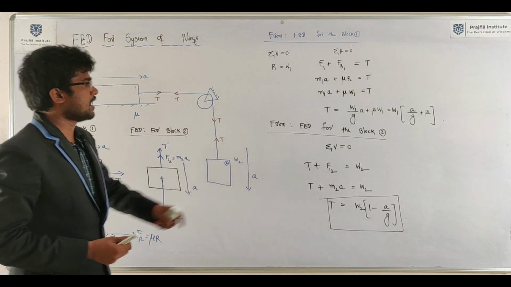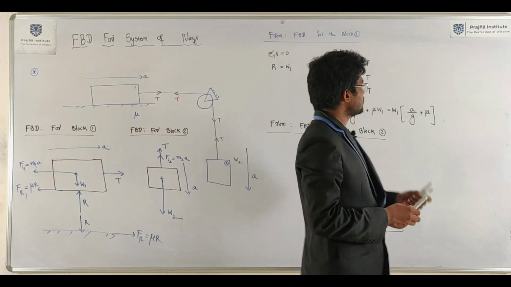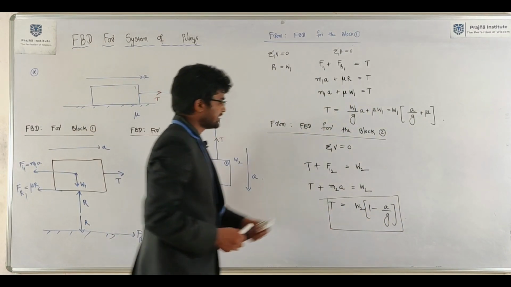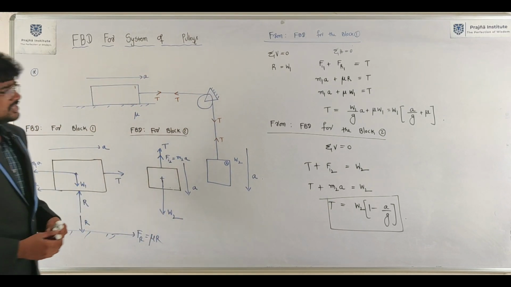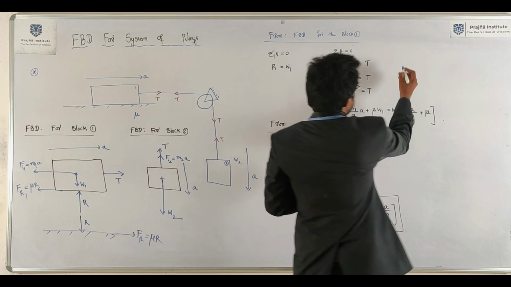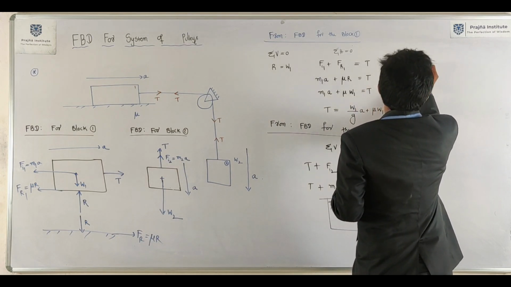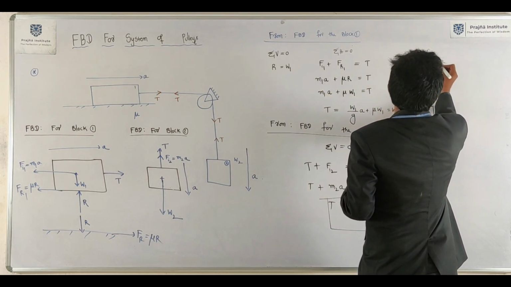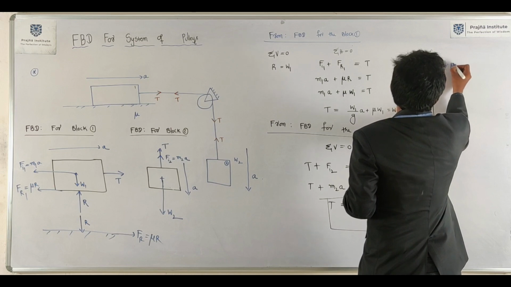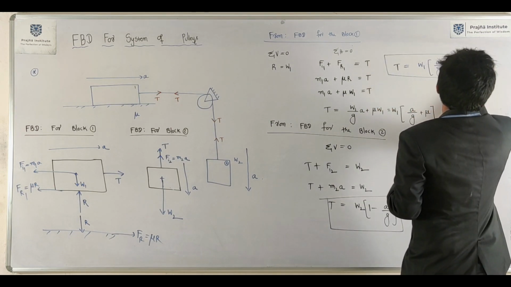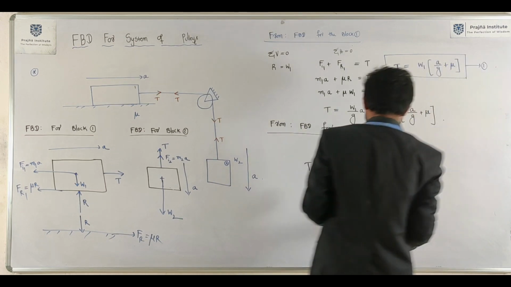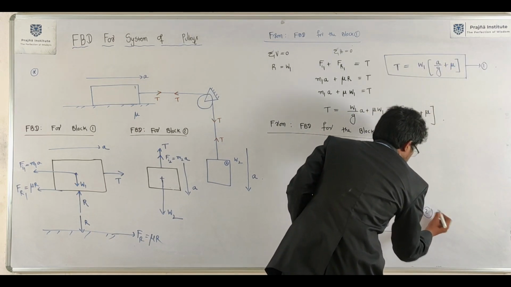Here you got tension equal to W1 into A by G plus mu. And here tension T equals W2 into 1 minus A by G. So we have two equations. T equals W1 into A by G plus mu is equation number 1, and this is equation number 2.